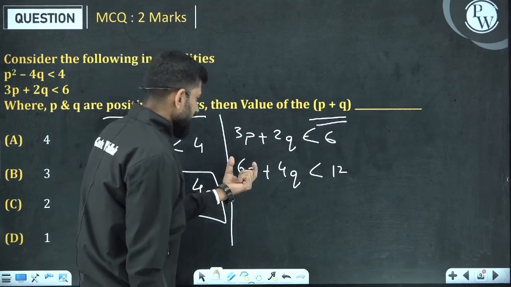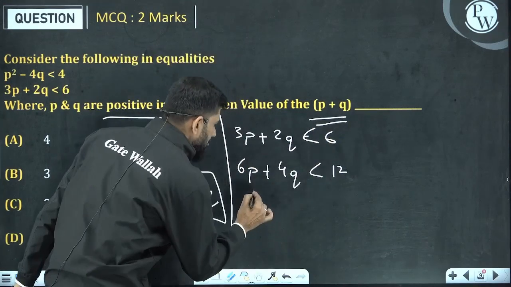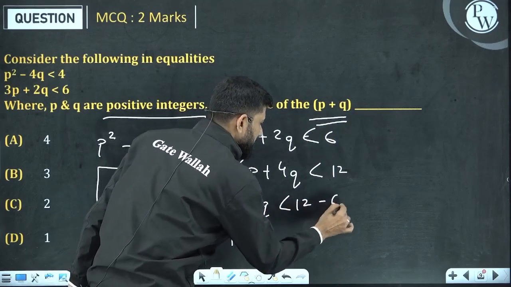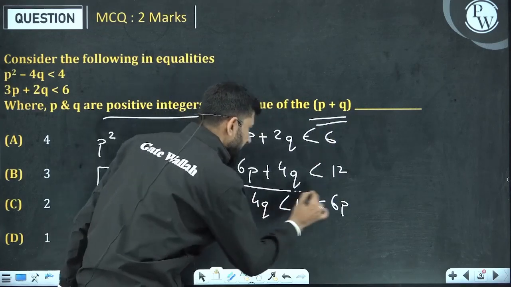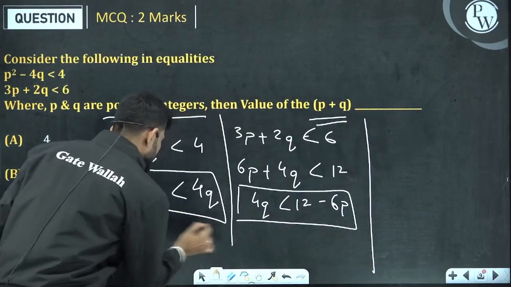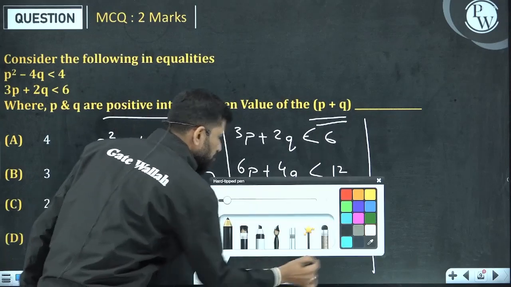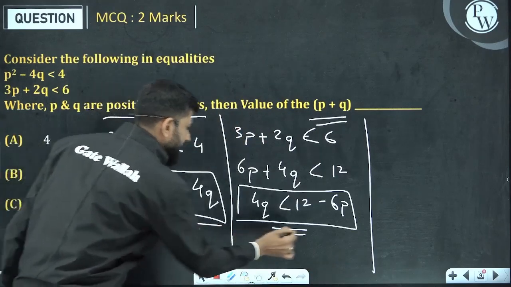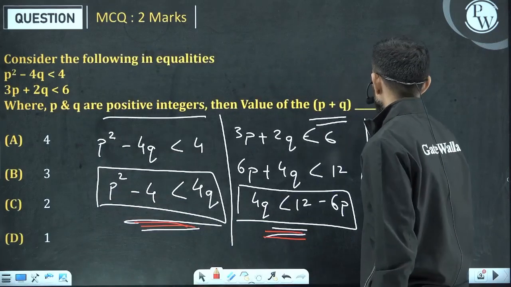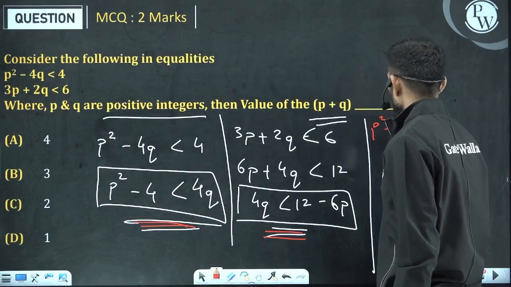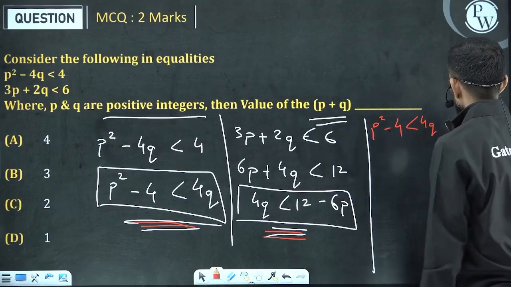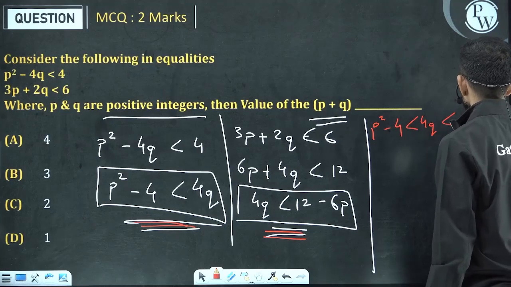Moving further, if I take this 6p to that side, I can write 4q is less than 12 minus 6p. This is what we have got from the second inequality. Now using this one and this one, we can say clearly that p square minus 4 is less than 4q, and 4q is less than 12 minus 6p.